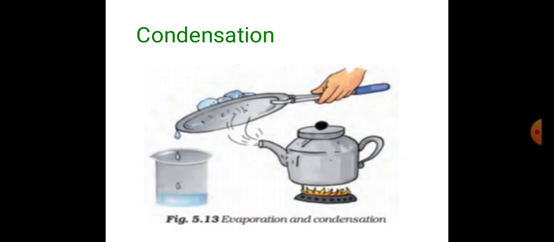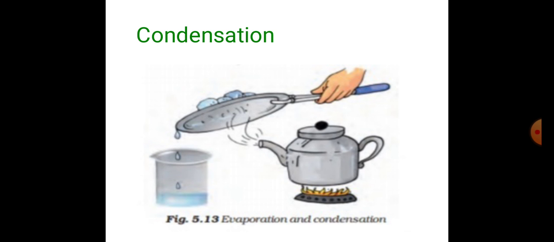So the frying pan, which is chilled with the ice cubes, changes the vapor into water droplets. These droplets trickle down on the underside of the frying pan and then start falling down.